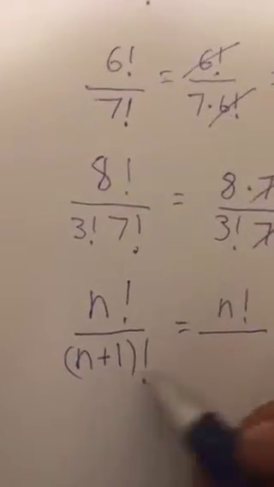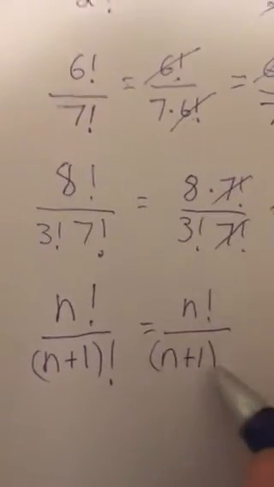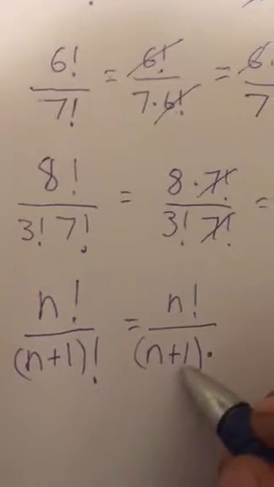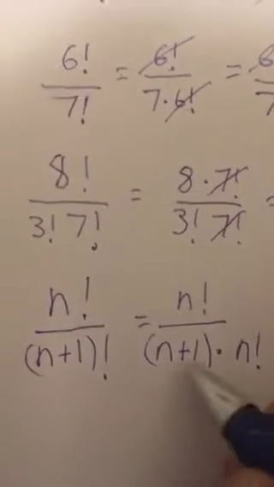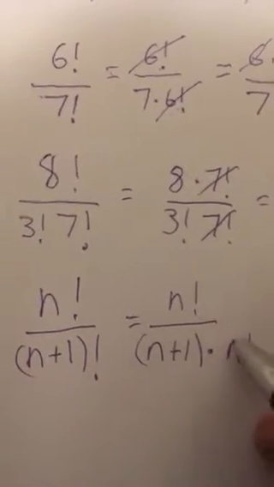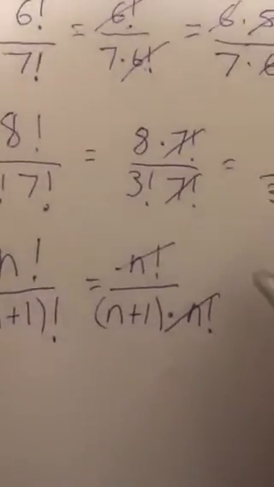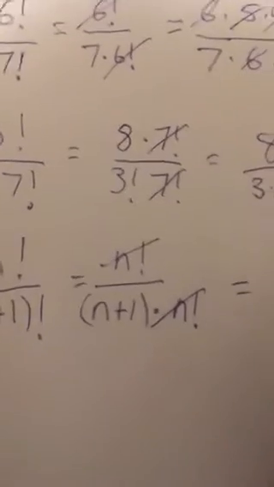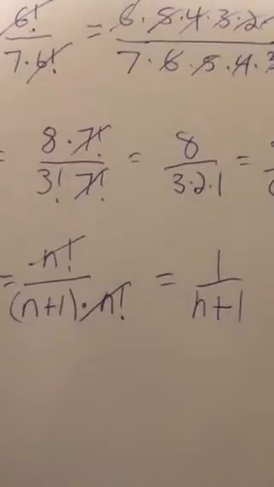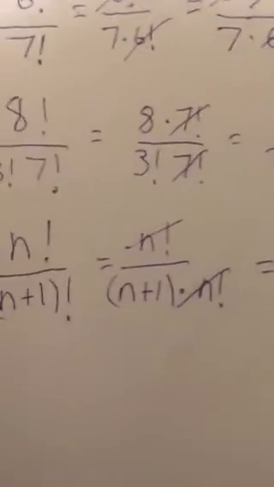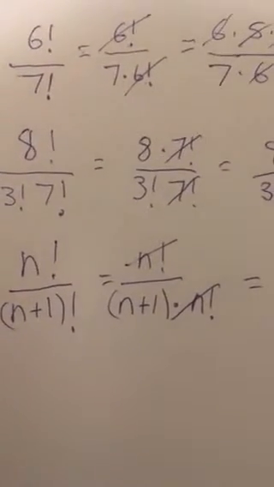Well, if n plus 1 is the first number, the second number you would have would be 1 less than n plus 1, which would just be n factorial. So n plus 1 reduced by 1 is n factorial. And again, you can see the same number over the number would reduce. And your final answer would be 1 over n plus 1. So even if there's a variable, the numbers multiplied together is 1 less integer every time.